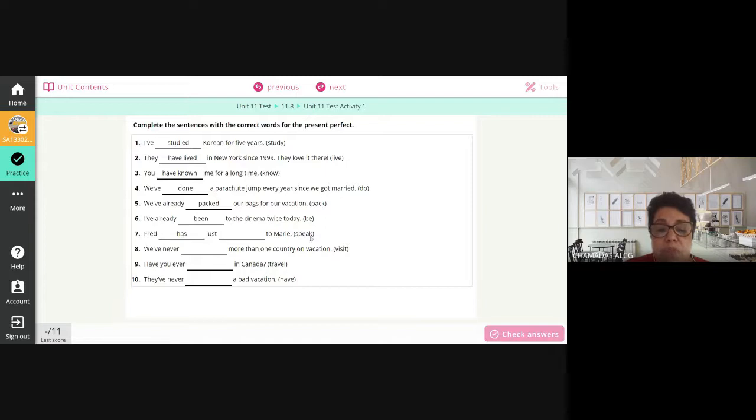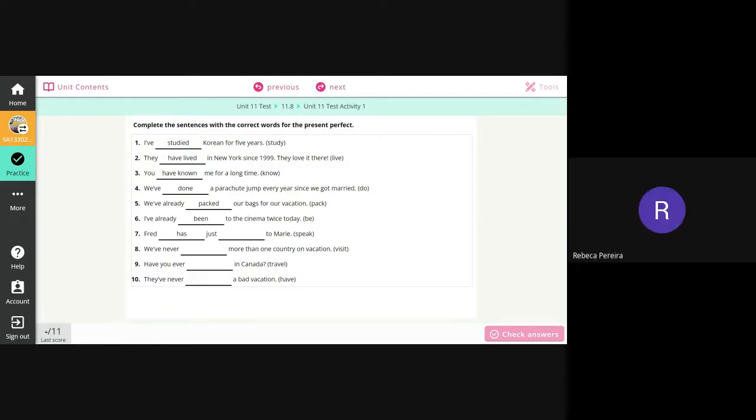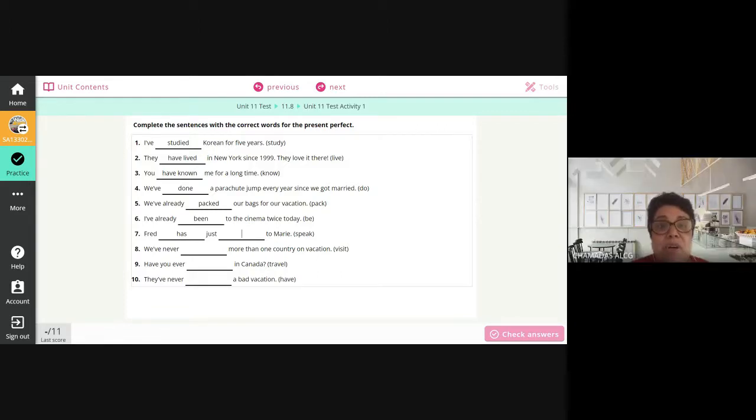Now, the verb I need to use in the past participle. Here, it's the verb to speak. Speak is irregular. So how do we use the verb speak in the past participle? É regular ou irregular? Irregular.